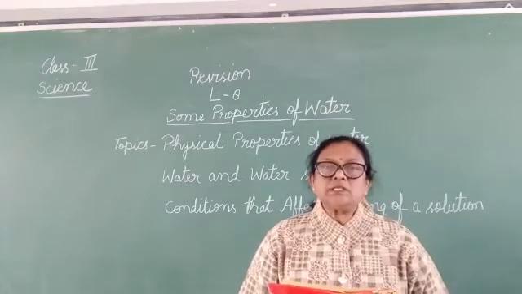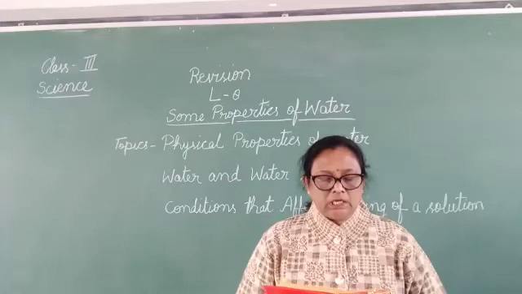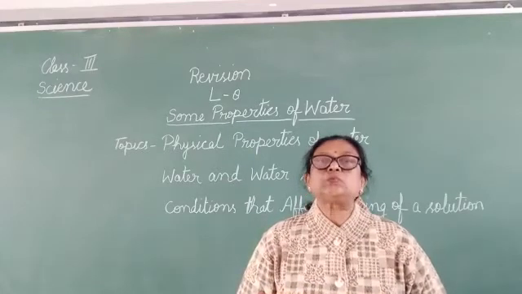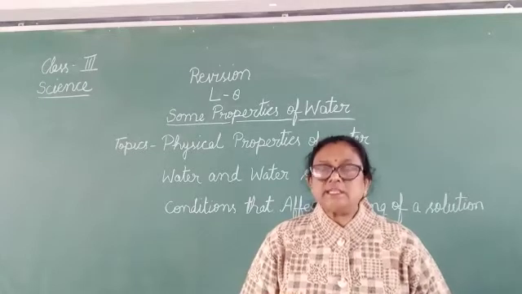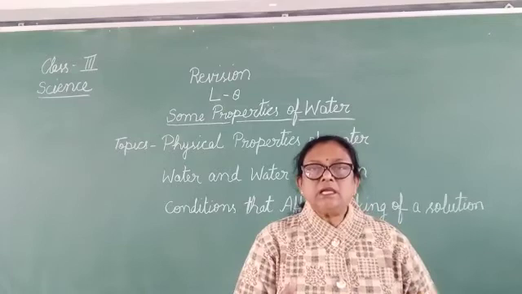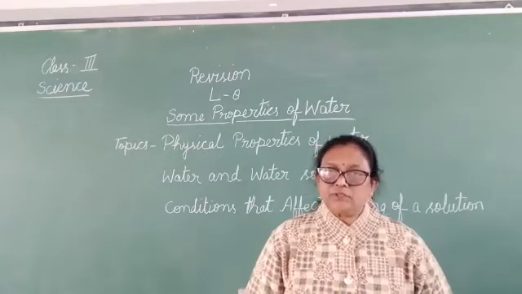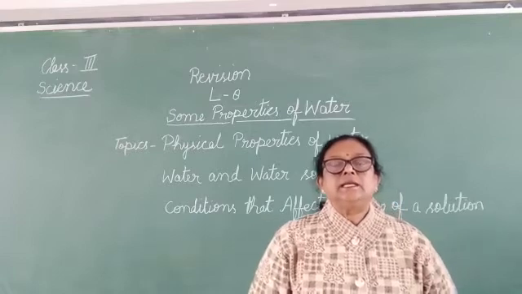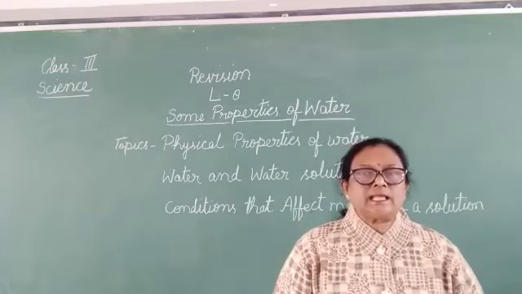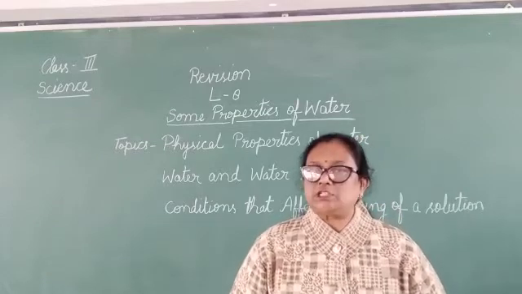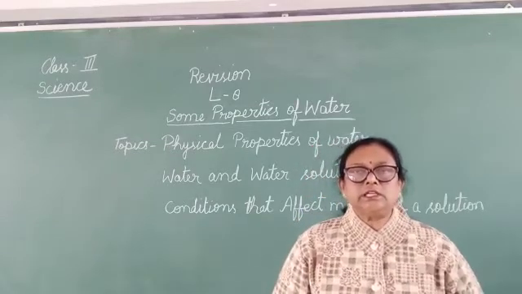When a liquid is poured into another container, it does not change its volume. You can see in the picture, when we keep the water in the jug, it takes the shape of the jug. And when we pour the water in the glass, it takes the shape of the glass. But the volume, the quantity, does not increase or decrease.